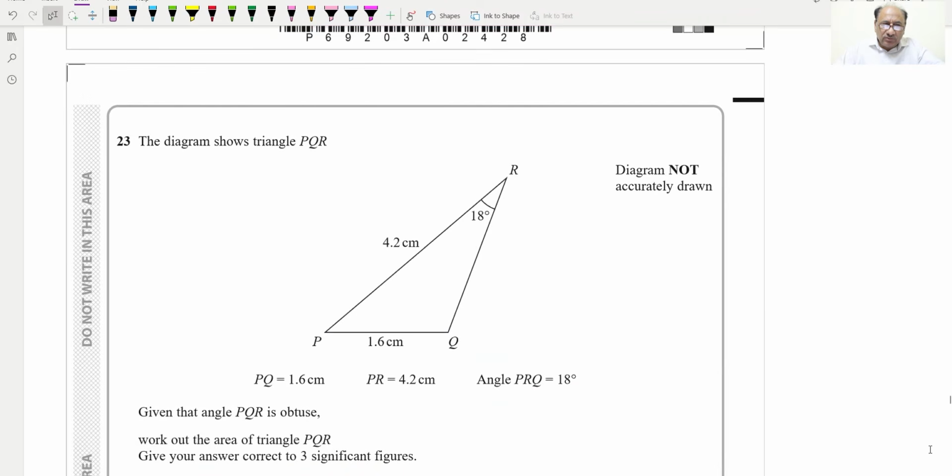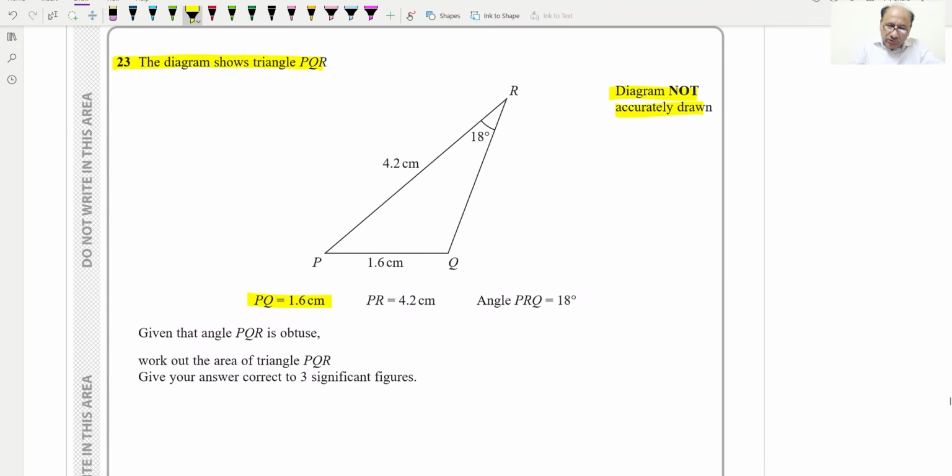Now this is question number 23. This is also simple, straightforward, but there is one point which we need to understand. Question number 23: the diagram shows triangle PQR. The diagram is not accurately drawn, and PQ is equal to 1.6, PR is equal to 4.2, and the angle is 18 degrees, and given that the angle PQR is obtuse.